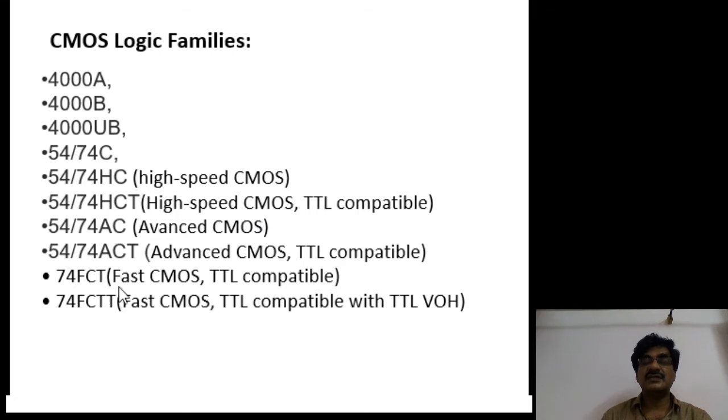FCT is fast CMOS and TTL compatible. FCTT is fast CMOS, TTL compatible with TTL VOH, the high level output voltage. Like that there are subfamilies in both TTL and CMOS.